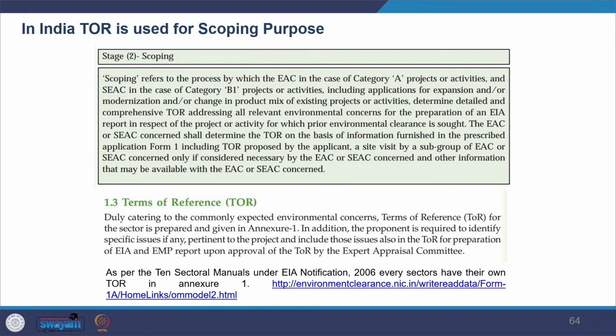So case by case TOR is either provided or the declared TORs are used for EIA purpose. So you can see here you have TOR for scoping purpose. So how this has been given for each, you can see that it has been given for each sector, in the sector manual.